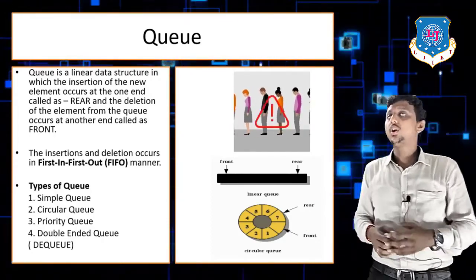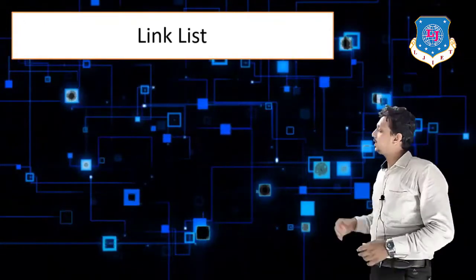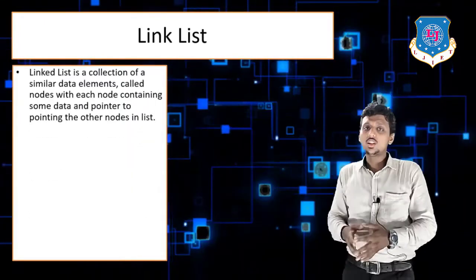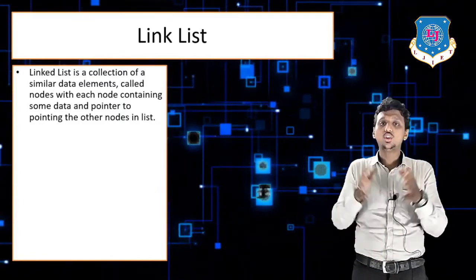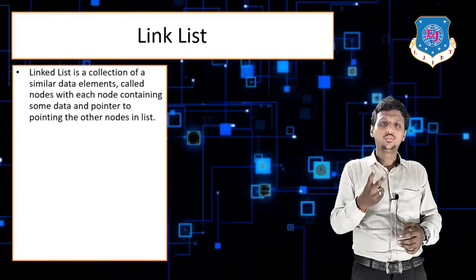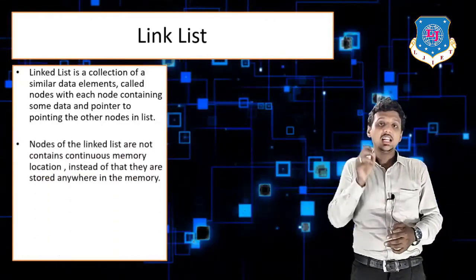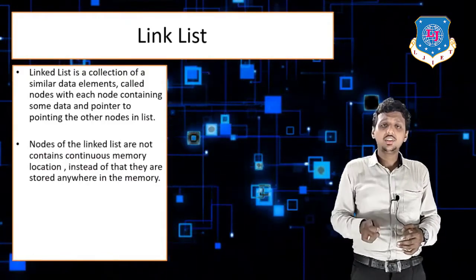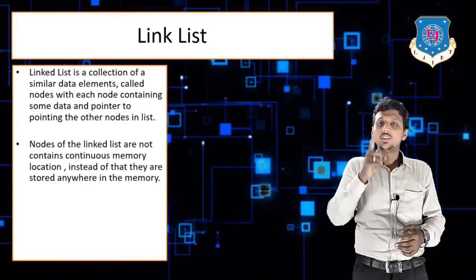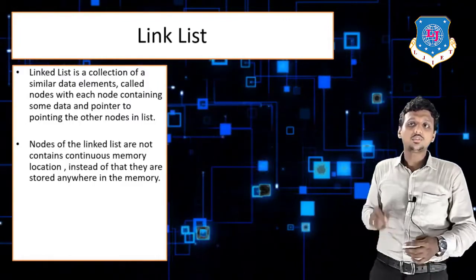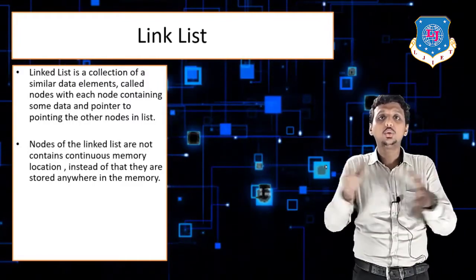Now let's go ahead. So here you can see the linked list. What do we mean by the linked list? Students, a linked list is a collection of nodes where each and every node contains two different things. One is data and the second one is a pointer. Nodes of the linked list are not stored in continuous memory.